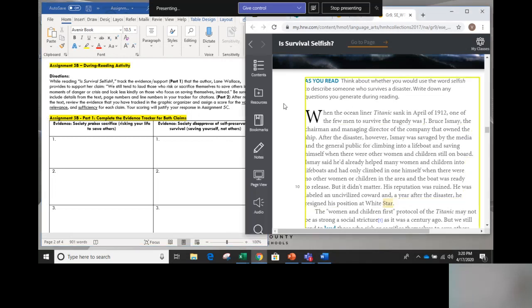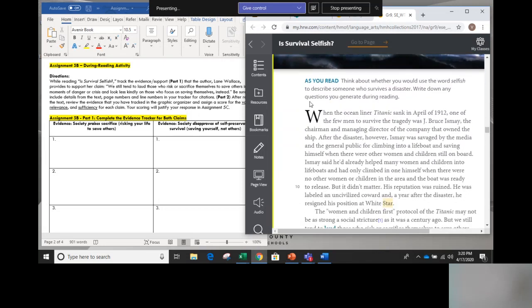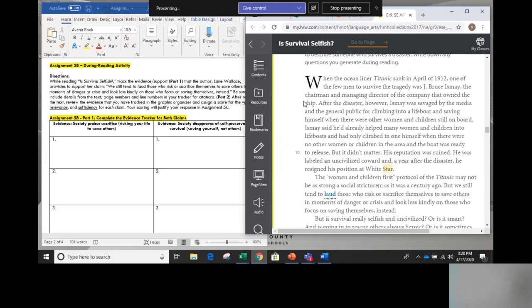Okay. All right, once again, we're on page 317. Is survival selfish? When the ocean liner Titanic sank in April of 1912, one of the few men to survive the tragedy was J. Bruce Ismay, the chairman and managing director of the company that owned the ship. After the disaster, however, Ismay was savaged by the media and the general public for climbing into a lifeboat and saving himself when there were other women and children still on board.